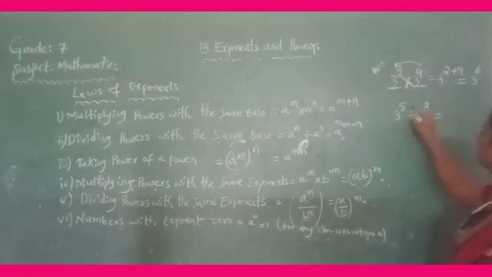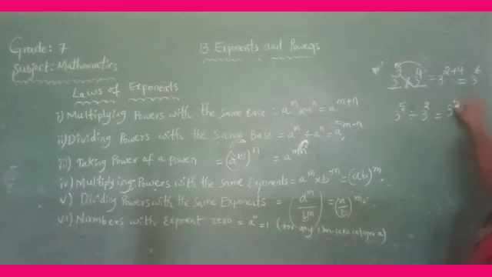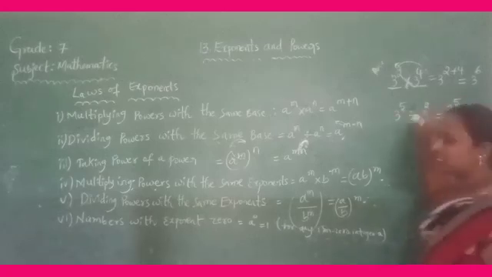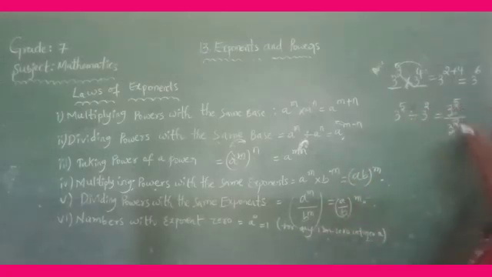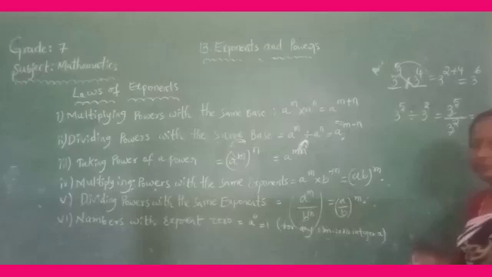Now first, how can you write this one in the form of a fraction? 3 to the power of 5 by 3 square. Here observe the bases are the same. In dividing the powers with the same base, we have to do the subtraction of powers.